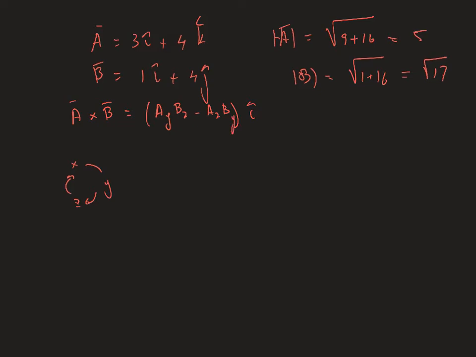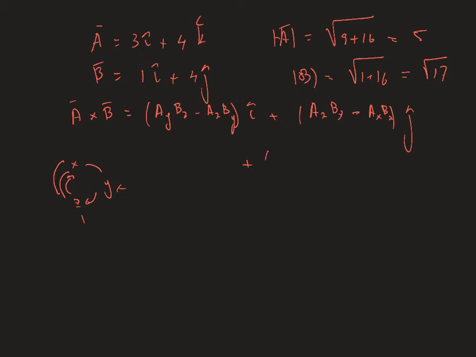Okay? Some components in the J direction will be AZ·BX, AZ·BX, and I come back, minus AX·BZ.